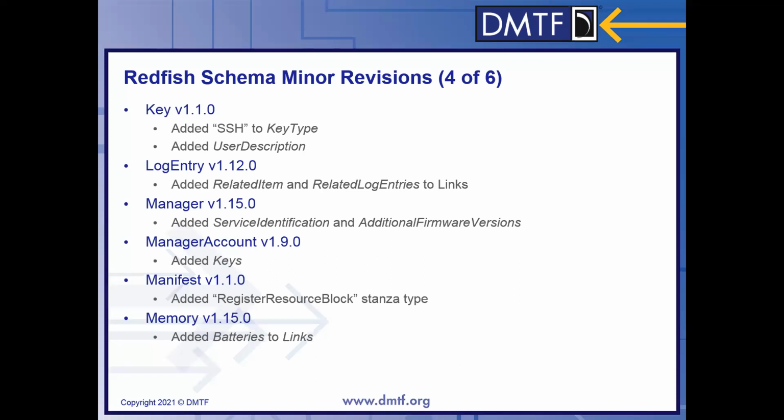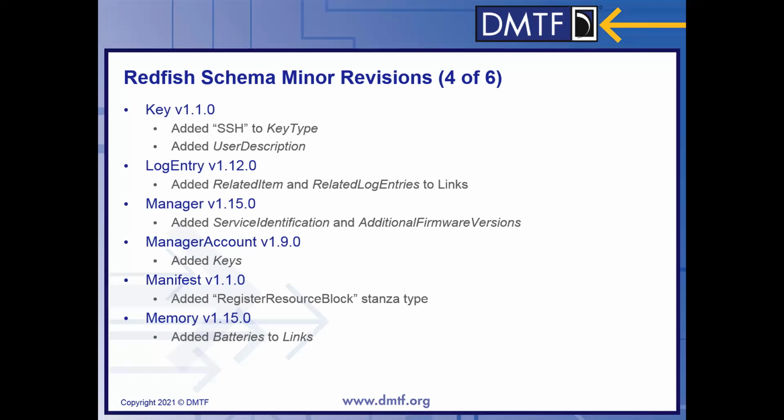So having a way so a user can put in any sort of identification that suits their needs, maybe they have particular string formats that they need to identify services with, this allows the user to bubble up their own type of identification within service root. So you attach that to the manager, and the manager would present that in their Redfish service root.